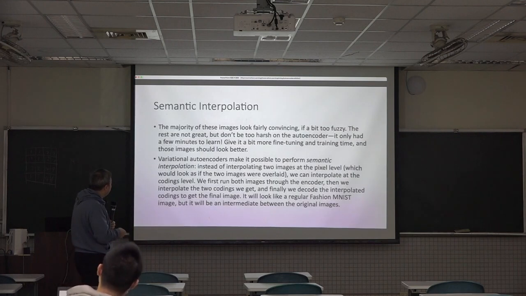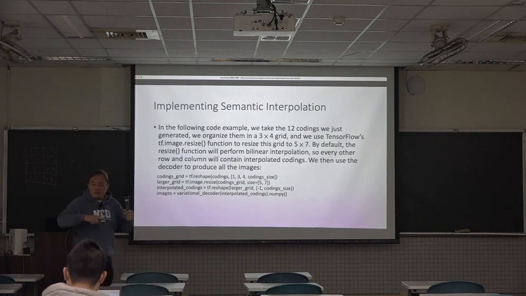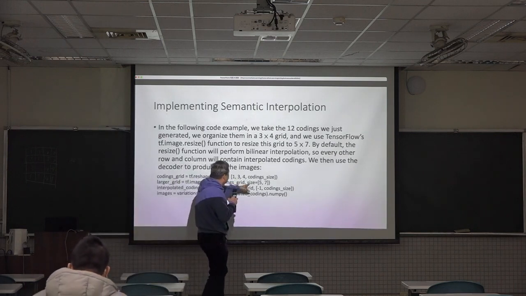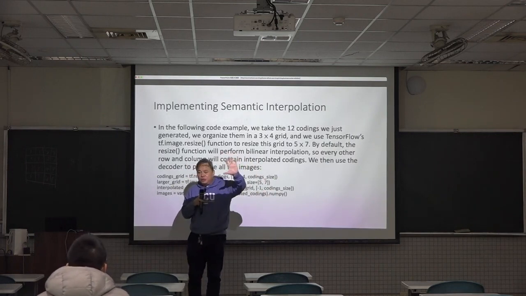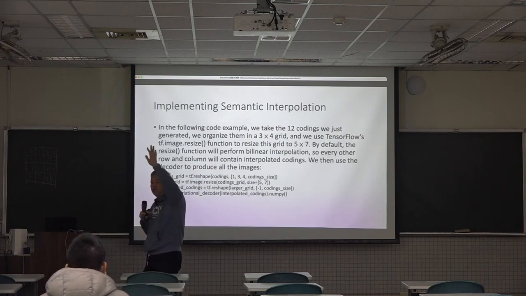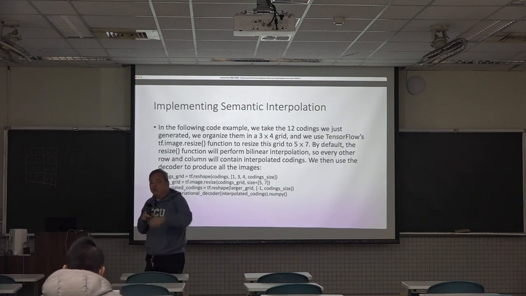So actually, remember this is 3 by 4. We enlarge it to 5 by 7. We intentionally insert some spaces between the columns and the rows. So of course, when you insert space between the columns and rows, you have some empty space to fill, right?